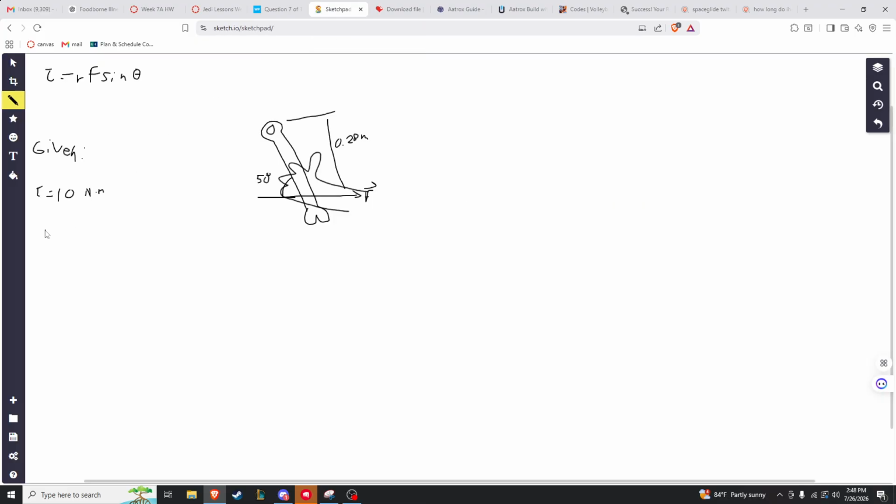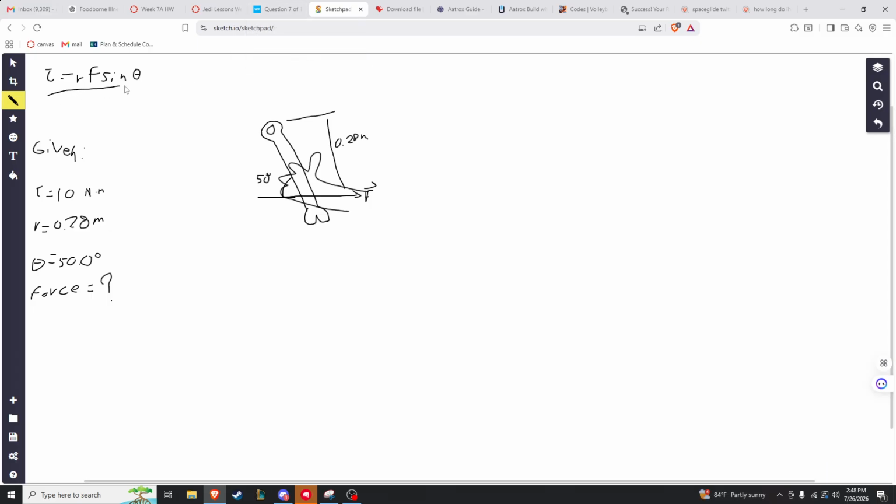Then we have the length R, which equals 0.28 meters. We were given the angle, 50.0 degrees. And what we're trying to find is the force, which has an SI unit of newtons, but for now we don't know what it is.